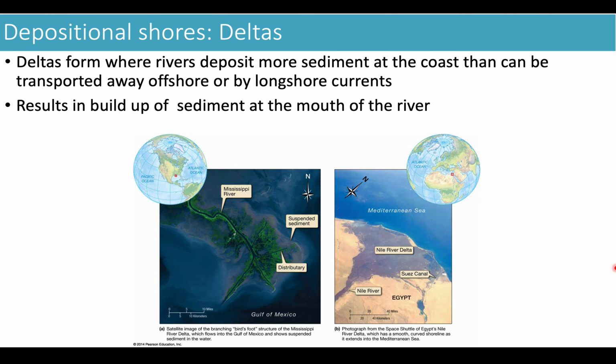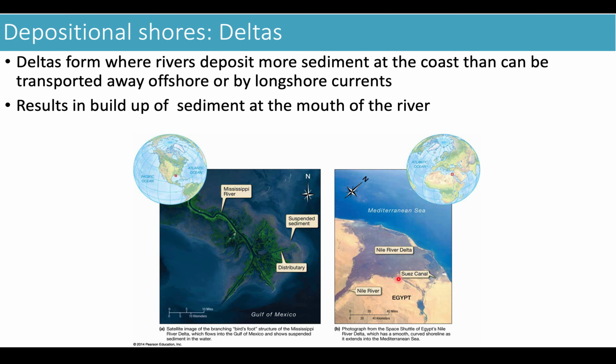They've picked up a lot of sediment as they're flowing down towards the ocean. And then at the coast, the river's going to slow down because it hits the ocean, and it's going to drop all of its sediment. So the sediment actually gets dropped right where the river meets the ocean. So what happens is we have a big accumulation of sediment right at the mouth of the river.